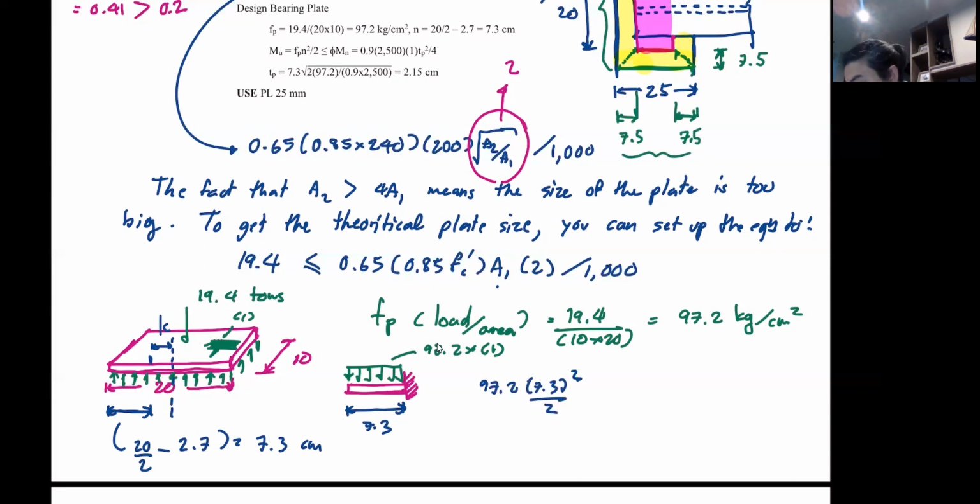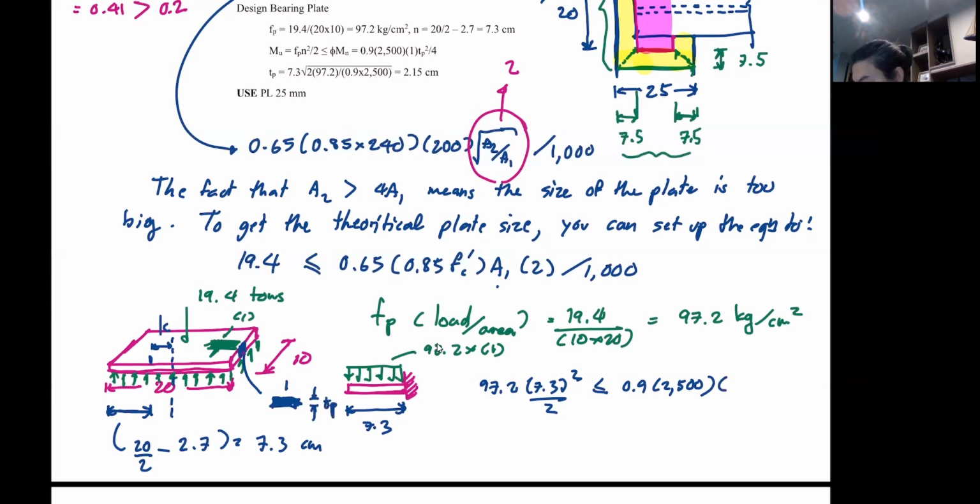And it cannot be greater than the strength of your plate, which is 0.9 Fy and the plastic section modulus, which is the property of this section. Okay, so the property of this section, the plastic section modulus, B is 1, and then D is TP.